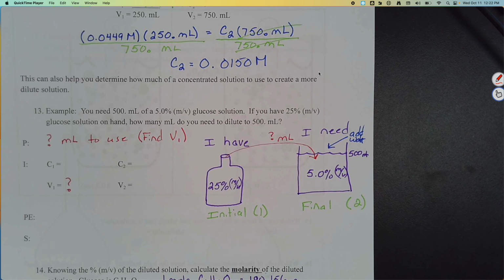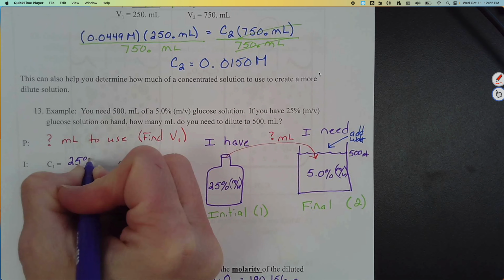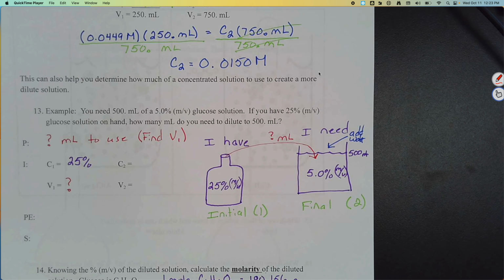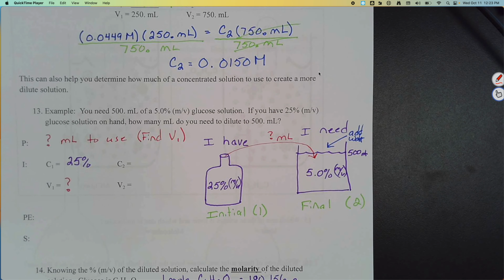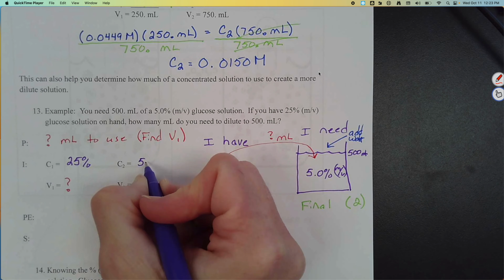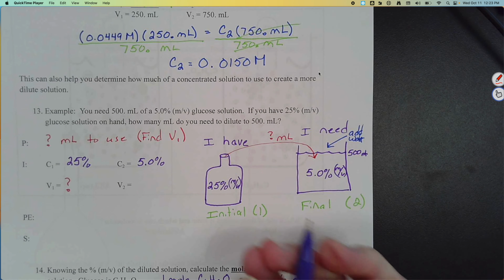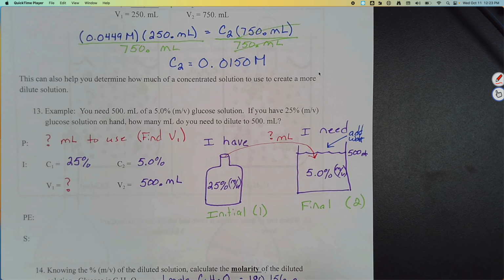How much of that solution shall I use? Well, let's start filling in the rest of the parts. Initially, this is a 25% mass volume solution. I'm just going to leave it with the percents at this point and stop tracking these things along. In the end, I desire it to be 5.0%. And my new volume of this stuff needs to be 500 milliliters.